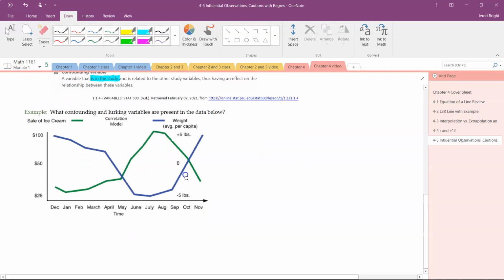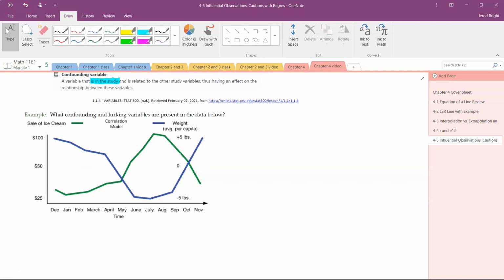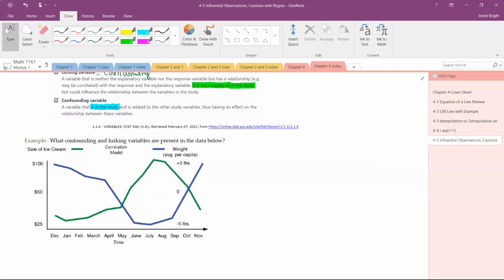As we look at an example here, this graph is modeling ice cream sales and weight, or average weight per capita. If you take a look at this, what confounding and lurking variables might be present here? I'll give you a moment to think. Here are my answers. I said a lurking variable is climate. If you think about it, at least in Minnesota, in the winter, people are often heavier.